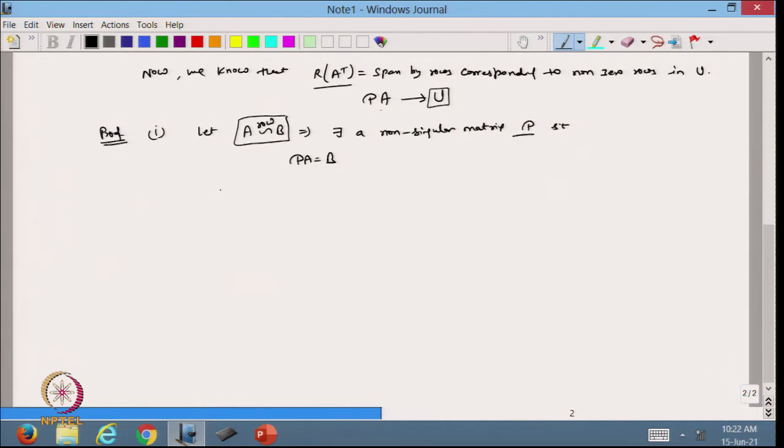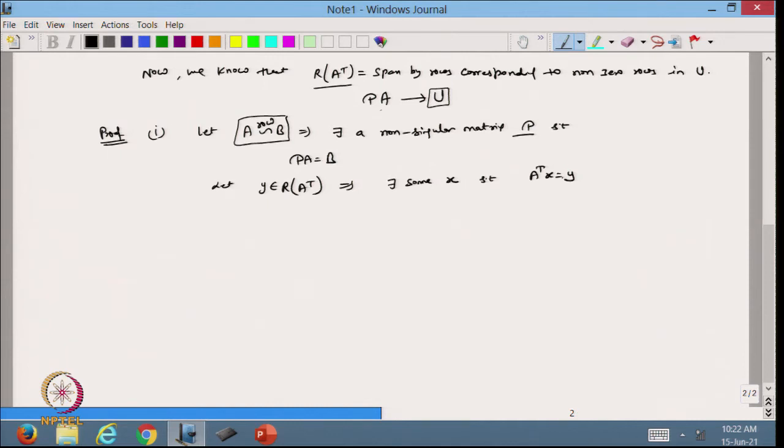Now, let me take some vector y belonging to the range space of A transpose. This implies that there exists some x such that A transpose x is equal to y, because y belongs to the range space of this one.